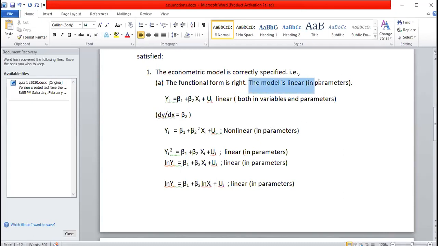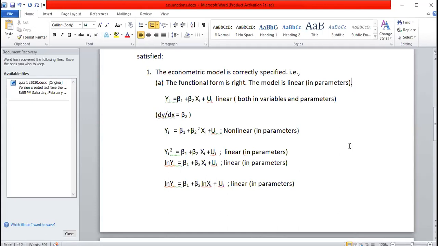You see, the assumption is that the model has to be linear in parameters in econometrics. Can you use numerical examples to explain the second equation? What kind of numerical example are you looking at? If we use numerical values, in place of beta 1 and beta 2 there are going to be numbers.